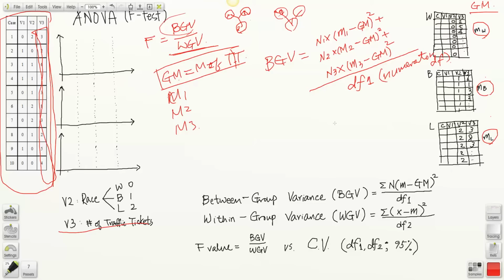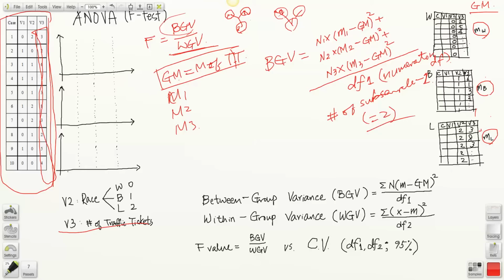And what is it? It's as simple as number of subsamples minus 1. What is it in this case? It's just 2. We got 3 subsamples, so minus 1 is 2.